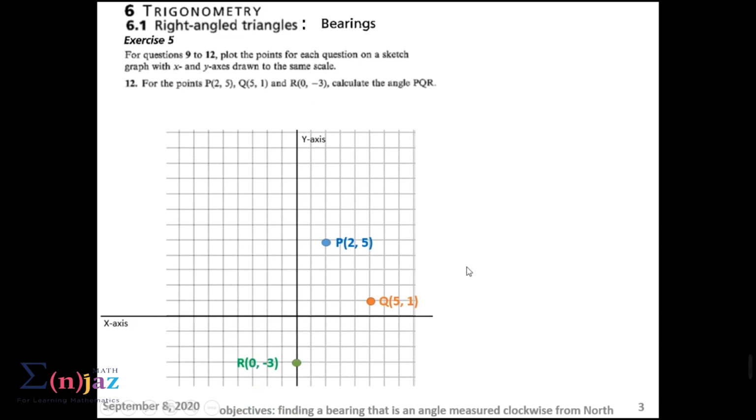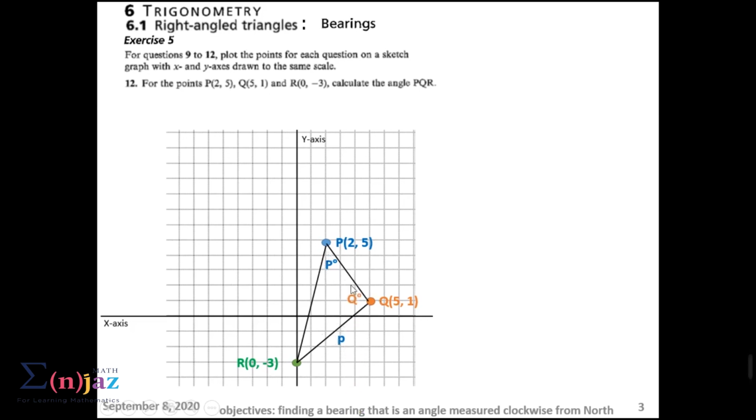Then connect the 3 points together. Start from P to Q, Q to R, and then R to P. So this is our triangle. If this is angle P, then the opposite side to angle P is small p.